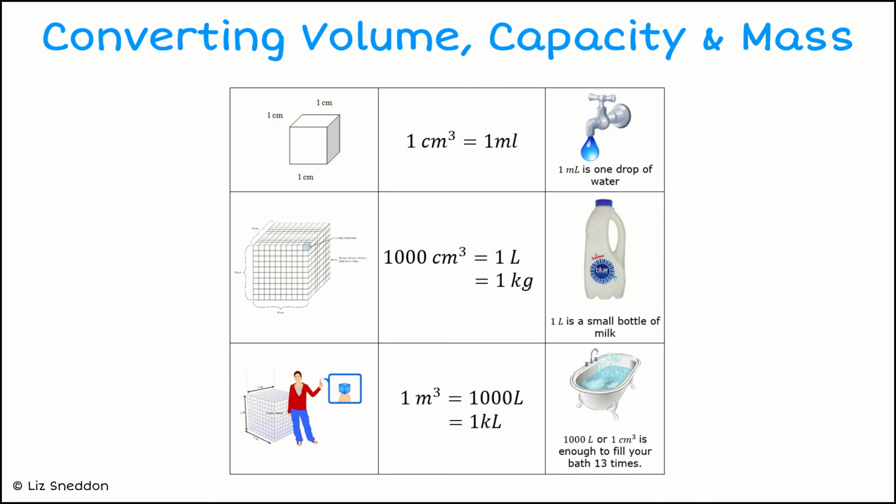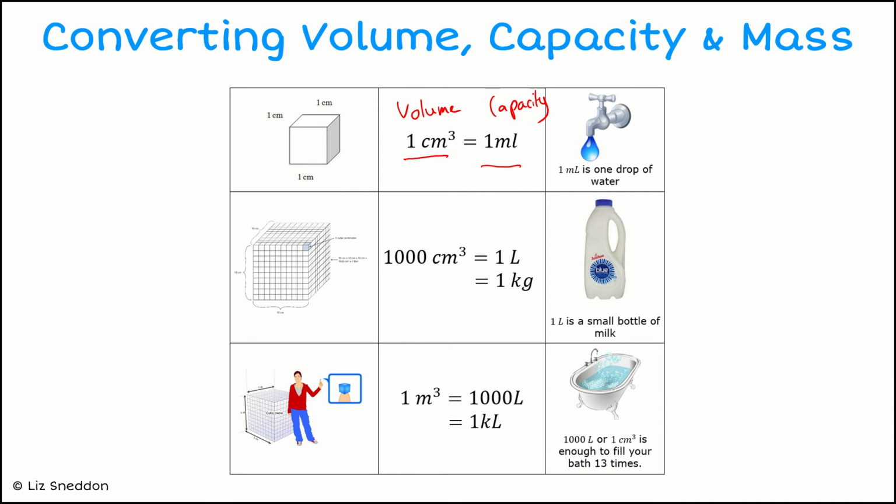But what if I need to convert from a volume into a capacity? So this is where I need to convert from 1 cubic centimetre into 1 millilitre. So I'm going from the volume to the capacity.